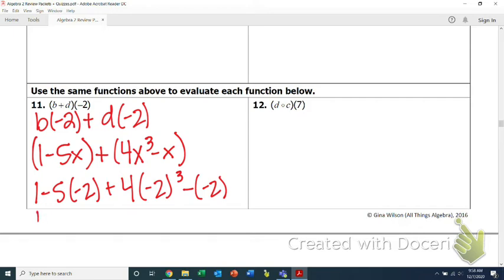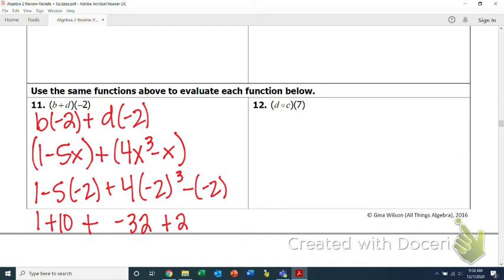Okay, 1 plus 10 because 2 negatives make a positive, plus 4 times negative 2 cubed, so that's a negative 2 times a negative 2 times a negative 2, which is a negative 8. 4 times a negative 8 is a negative 32, and then plus that 2.